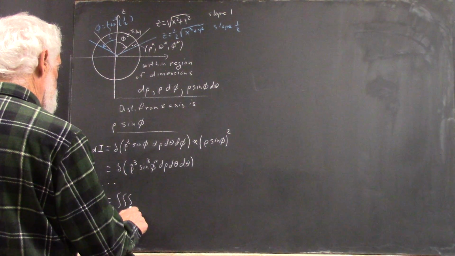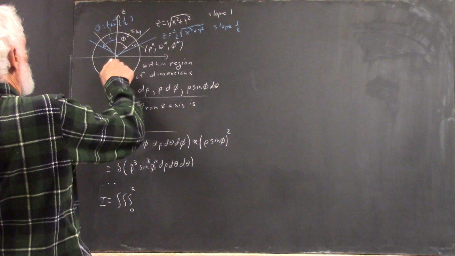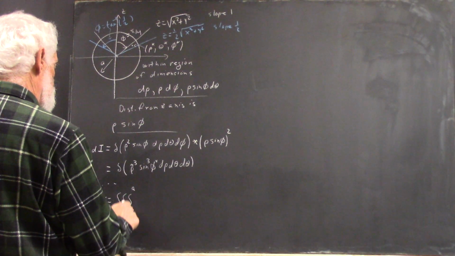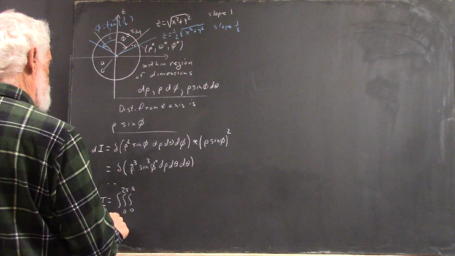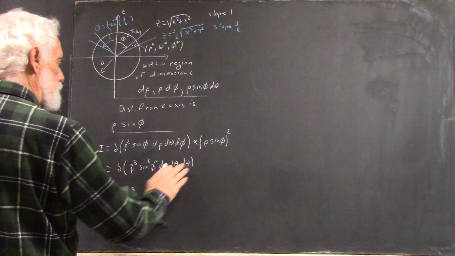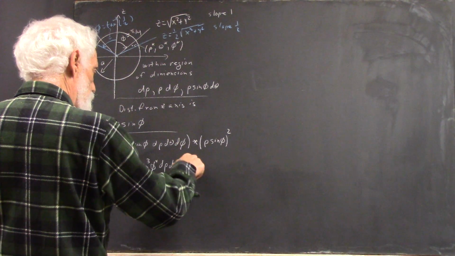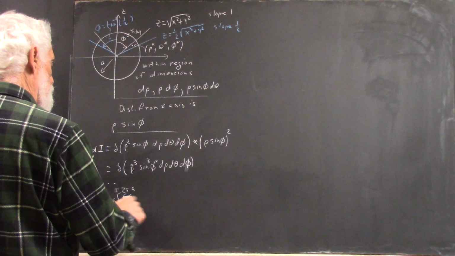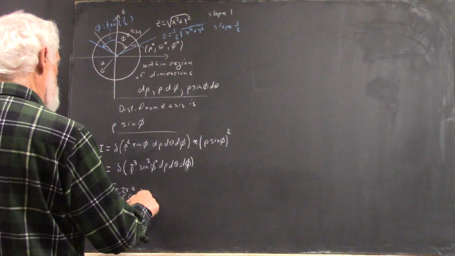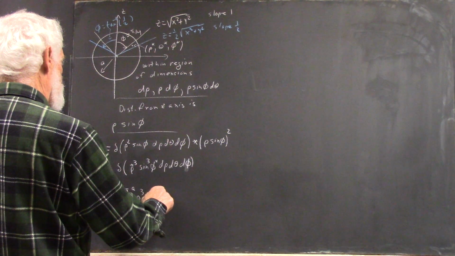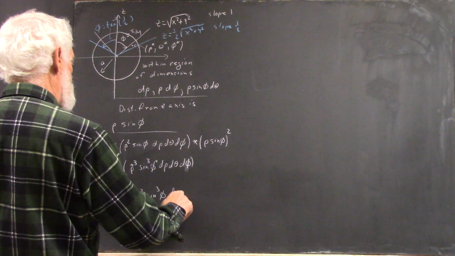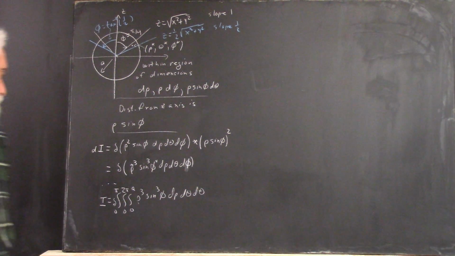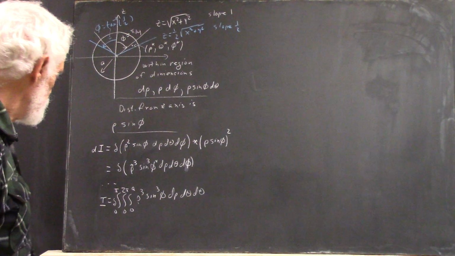Rho goes from 0 to a, the radius of the sphere is a. Theta goes from 0 to 2 pi, and phi goes from 0 to pi. Delta comes out in front. We've got rho cubed sine cubed phi d rho d theta d phi. And that's a pretty easy integral.